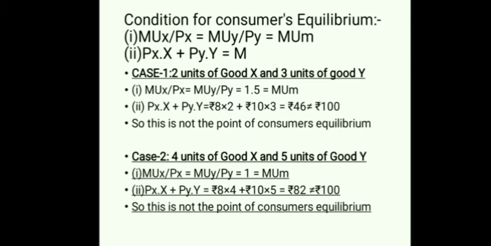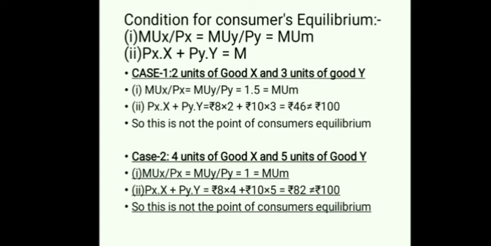Now, how will we determine the level of equilibrium? See, there is one more condition, the budget constraint. Now we will see how much money is spent in total, whether it is equal to rupees 100, that is the money income of the consumer, or not. In the first case, the consumer consumes 2 units of good x and 3 units of good y. So the budget will be rupees 8 into 2 plus rupees 10 into 3, which is 46, not equal to 100.